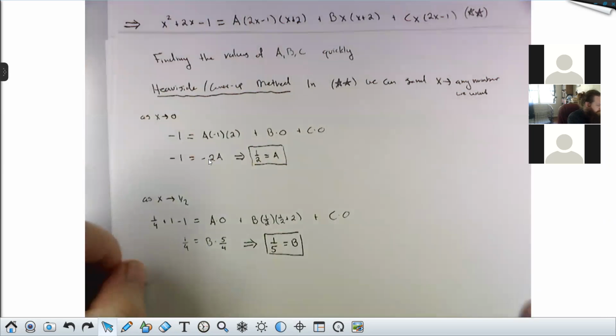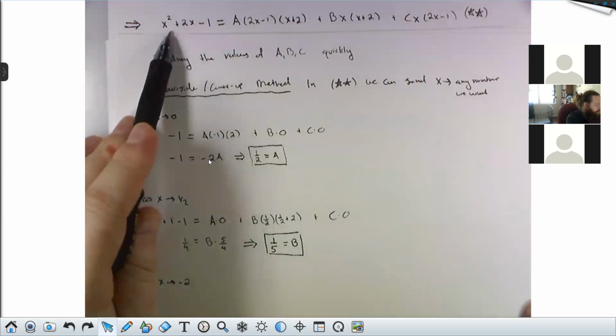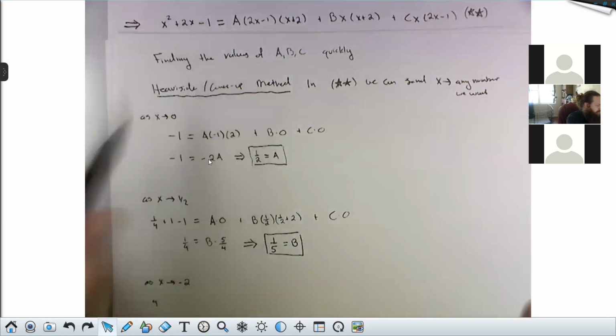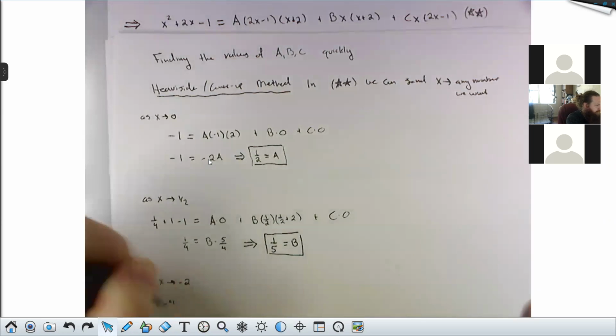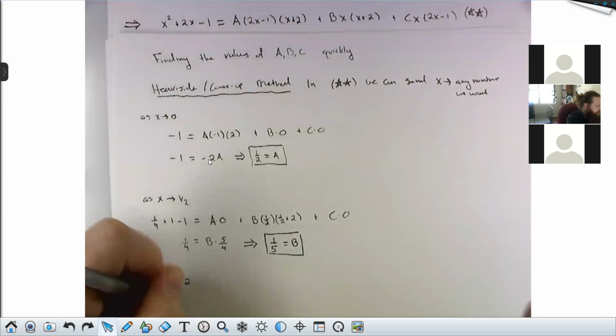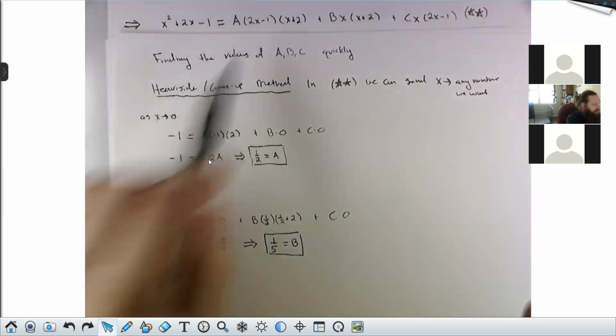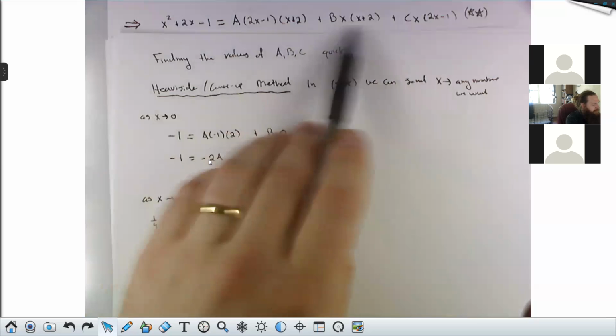Lastly, as x goes to negative 2, what will we get? Negative 2 squared is 4, plus 2 times negative 2 is minus 4, minus 1 equals, any term with an x plus 2 is going to vanish, so this term is gone, this term is gone.